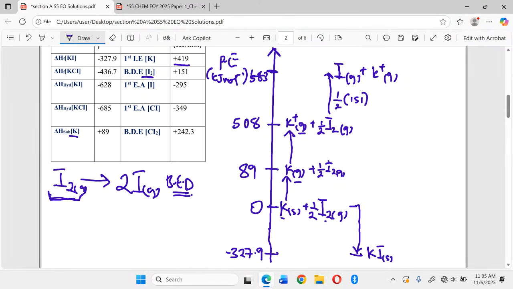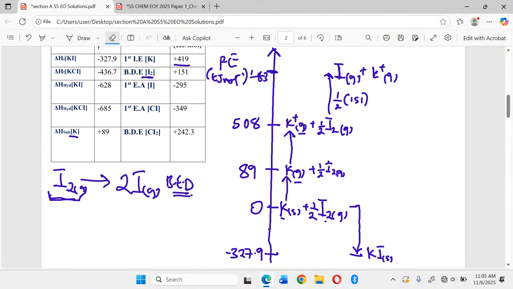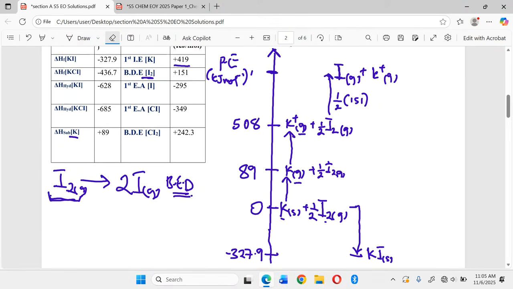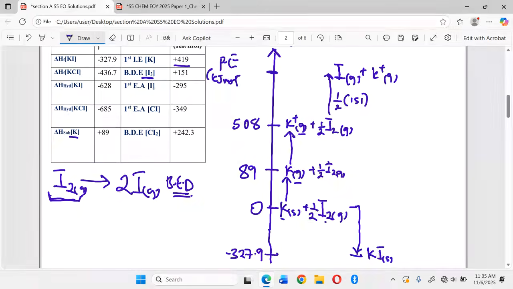Oh, sorry. Let's rub something here. Okay, so here we get 583.5. So that is our final value when this iodine is undergoing bond dissociation energy.